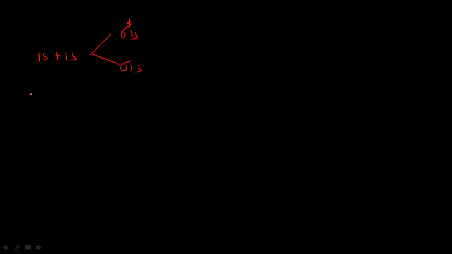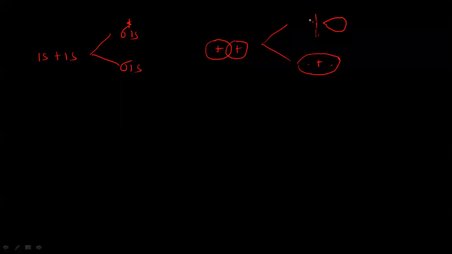We can show this in this way also: this is 1s, this is 1s, forming two molecular orbitals. One is a bonding molecular orbital and another is an antibonding molecular orbital. It can be shown in this way.